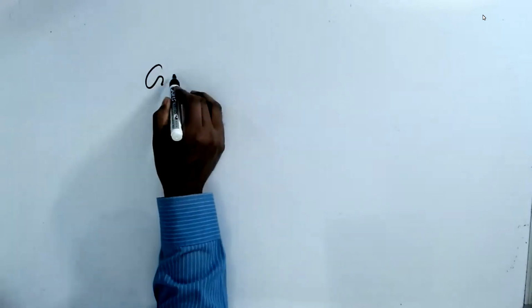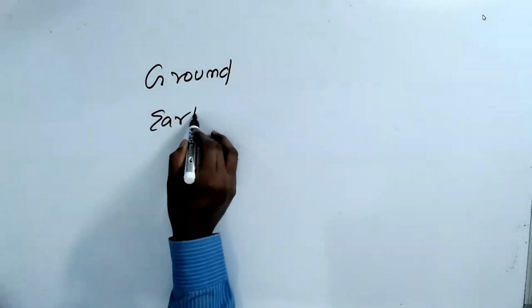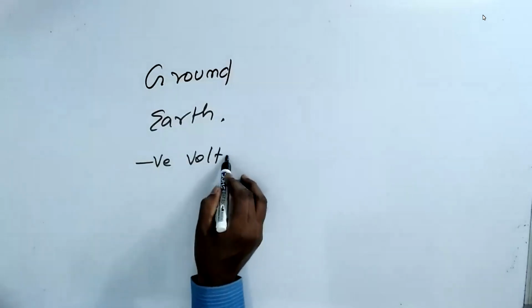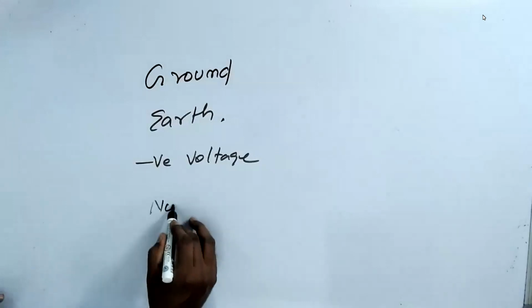Now we have some small doubts, lots of things. One is, what is ground? What is earth? What is negative voltage? Sometimes we have something called no voltage.